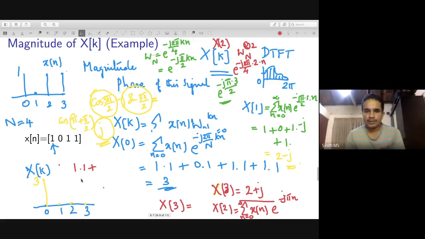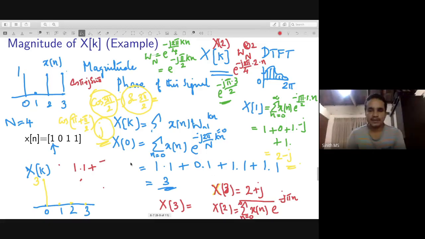For n equal to 1, you find the value. e raised to minus j pi is cos pi plus j sin pi. So what is that value? Minus 1.